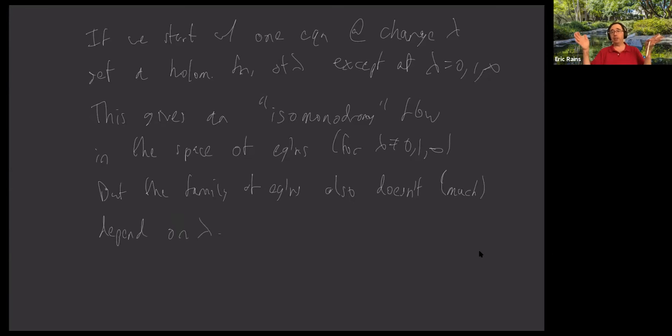We had 4 matrices that added to 0, and we specified their eigenvalues. And that clearly doesn't depend on lambda. I mean, that family doesn't depend on lambda. So we can actually collapse this flow and sort of factor away lambda. And so it gives us an actual flow inside this one surface. And one can show that the surface is rational. Again, this will follow from the general theory.